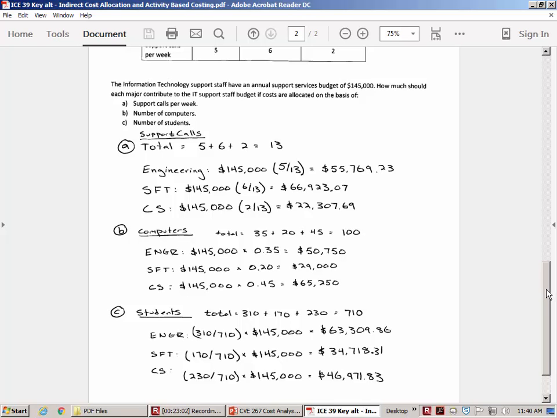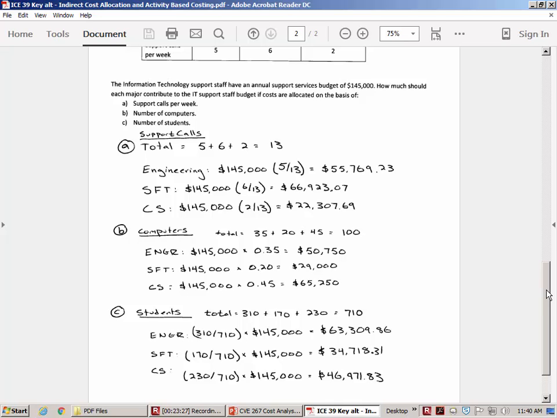So let me ask you something. If you are the department chair for engineering, what do you think the cost allocation basis should be? What's your perspective? If you are in charge of the engineering division and the dean of the college is saying, we have to have a meeting to decide how we're going to divide up the IT calls.